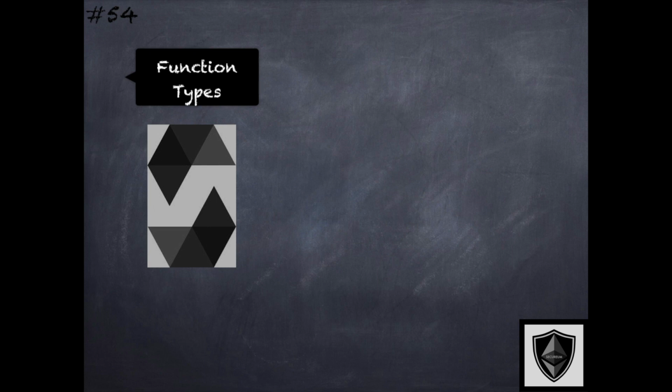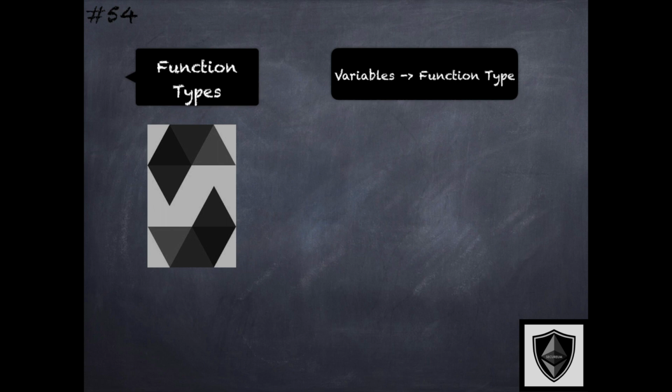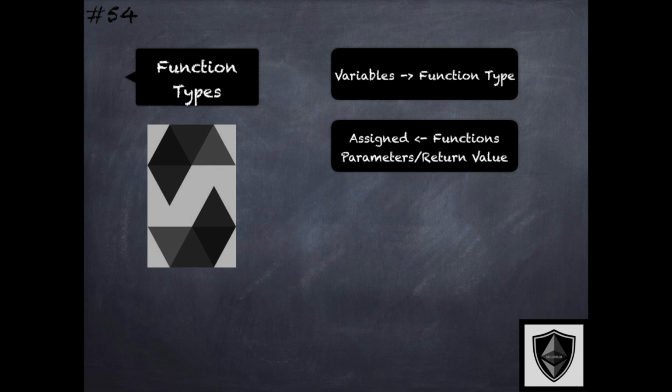Function types are types used to indicate that variables represent actual functions. These variables can be used just like any other variables. They can be assigned from functions because they are of the function type, and they can be sent as arguments to other functions. They can also be used to return values from other functions.